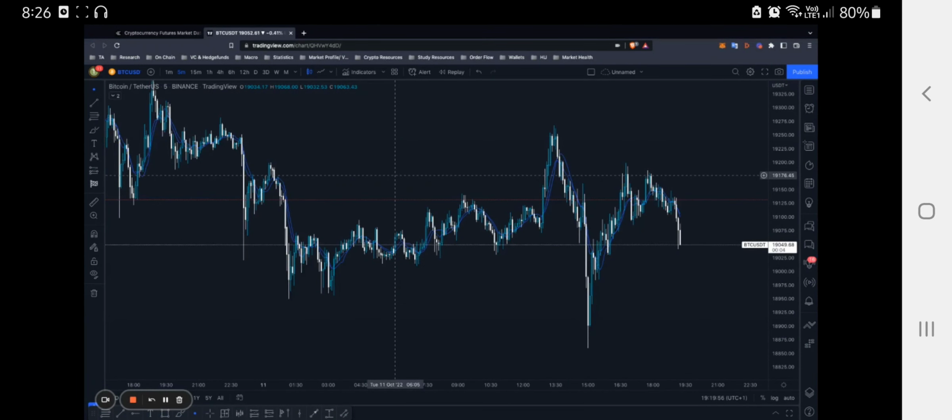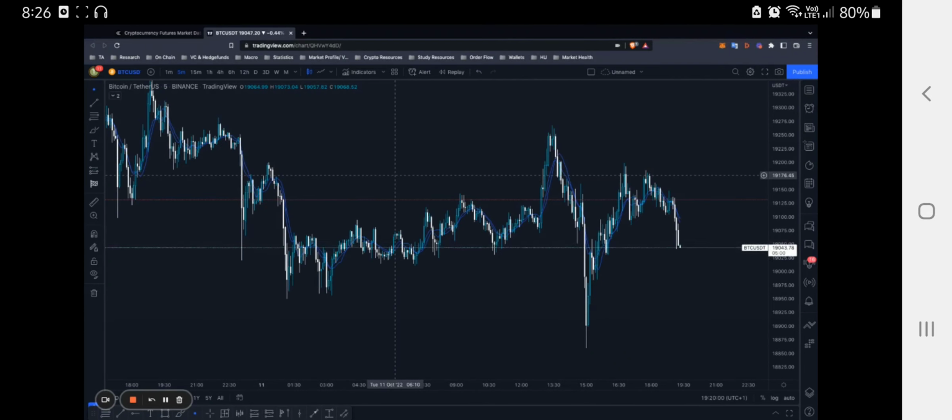So just to clarify that, and I'll explain why I prefer to use exponential moving average. But the moving average, whether it's SMA or EMA, is calculated by adding up all the recent prices and then dividing them by a specific time period.